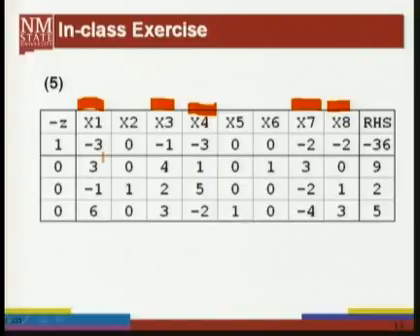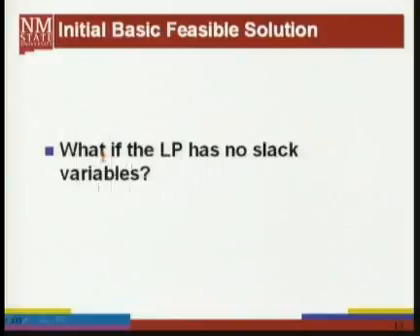Because every non-basic variable in this table has a negative relative profit, which means the current table provides the unique optimum solution, right? So the answer is E, unique optimum. Okay? Does that make sense? Any questions so far regarding this in-class exercise problem? Okay.